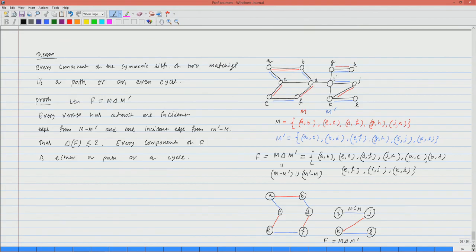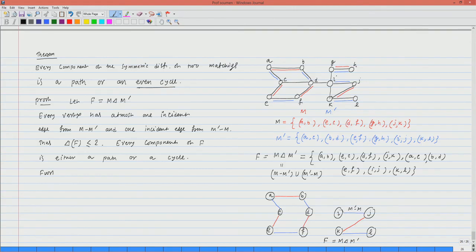This is an easy observation. Further, the statement of this theorem says it is not only a cycle, it has to be an even cycle. So, that part we will prove now.